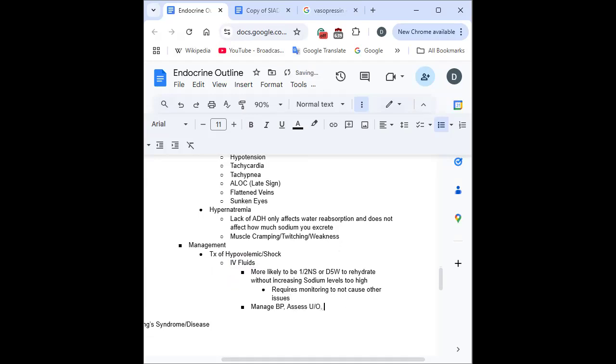So assess urine output, strict I's and O's. In general, that's going to be your big thing, along with managing blood pressure and vital signs in general. So your heart rate, how is it? Is it still compensating? Is the respiration rate still compensating? Did you go overboard?